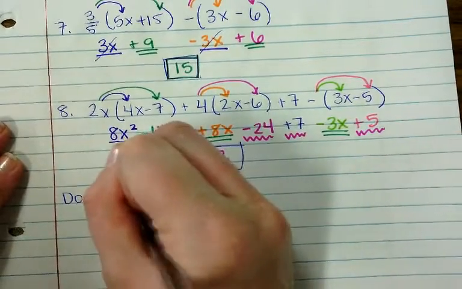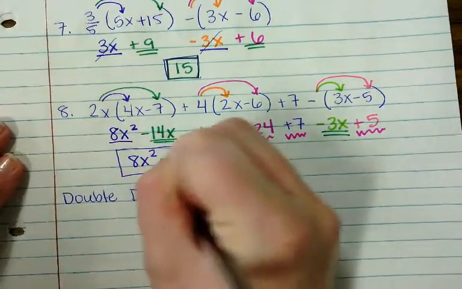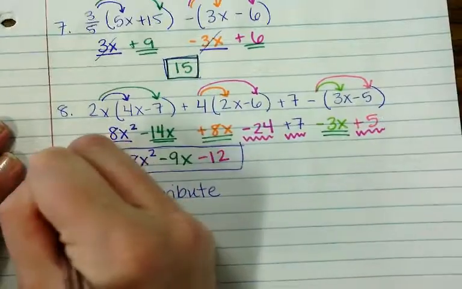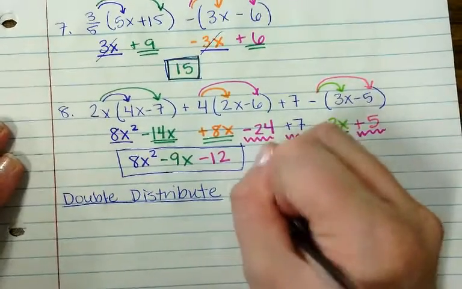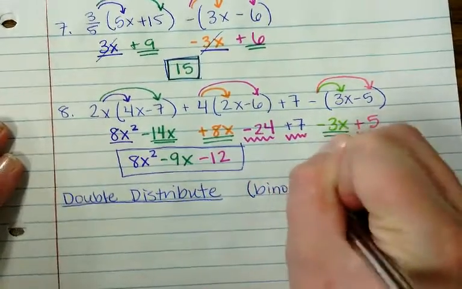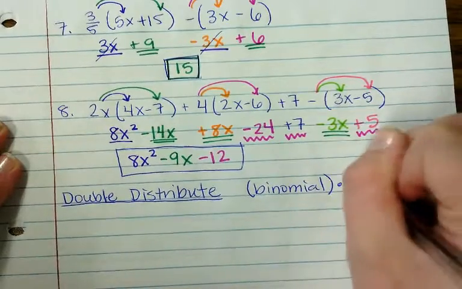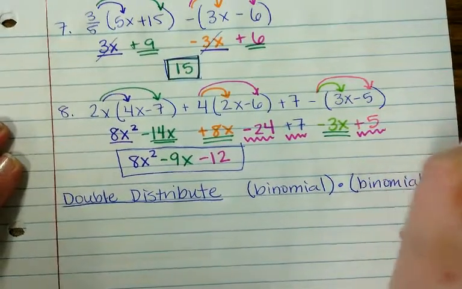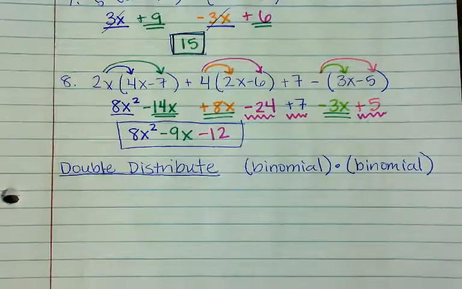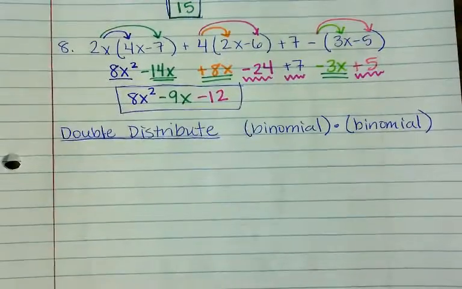Double distribute, all right? This is when we do a binomial times a binomial. This lovely thing is called double distribution, or double distribute, when you do a binomial times a binomial.